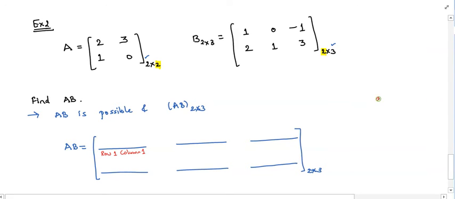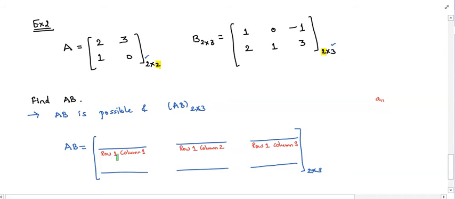Remember, we write A11, first row, first column. Similarly, the position of this is first row, column 2. And here, row is first, column is 3.